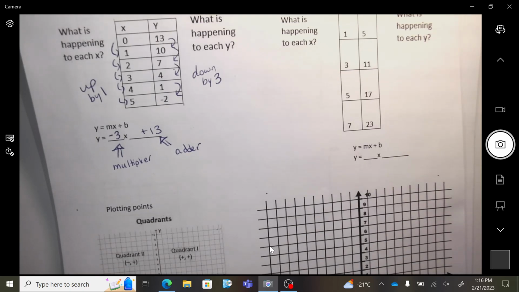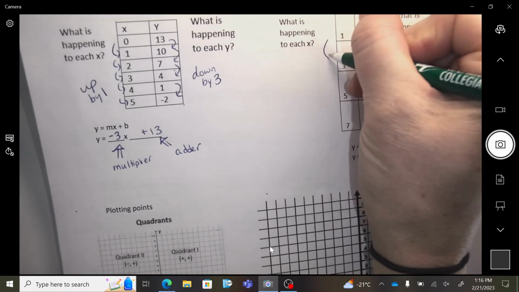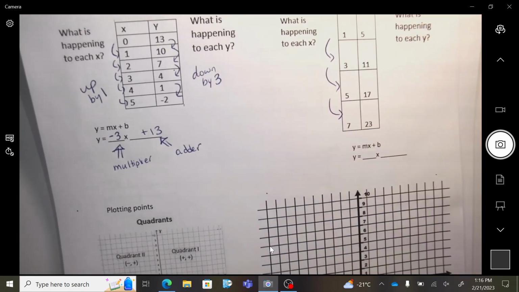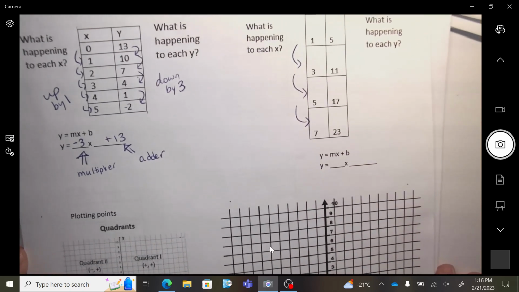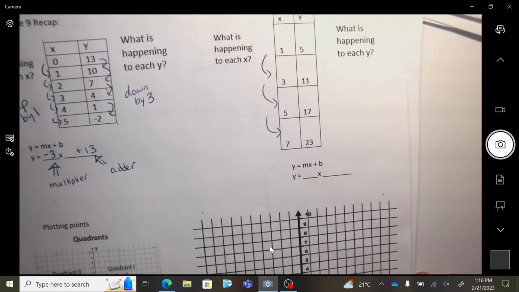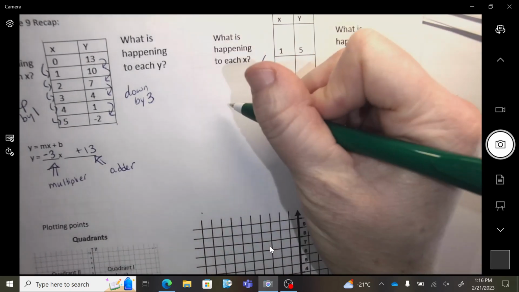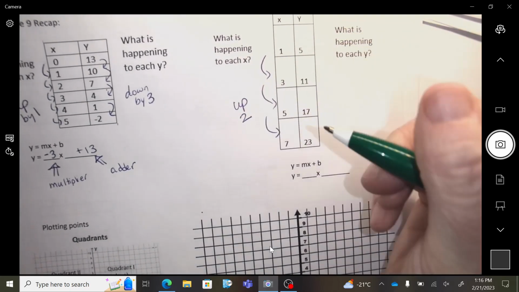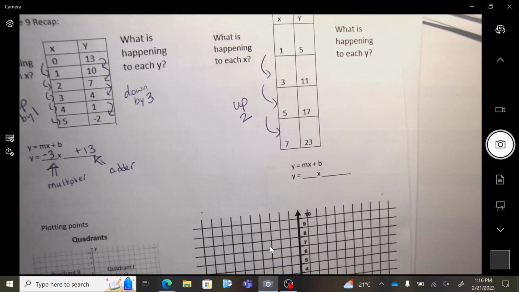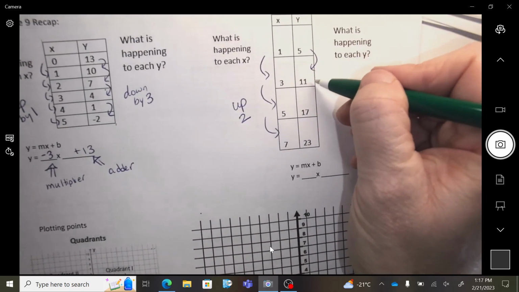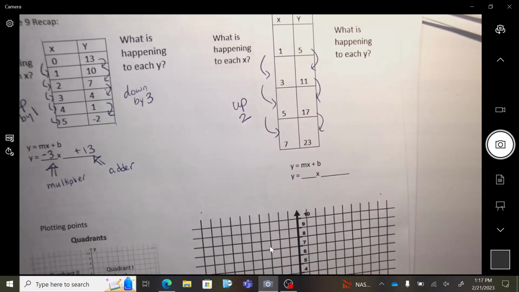Okay, let's try one that's a little bit more challenging. So, what's happening to x's this time? They're changing by 2 this time. And then what's happening to the y's each time?